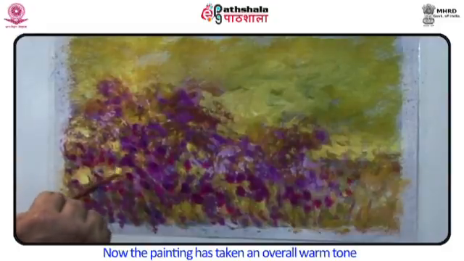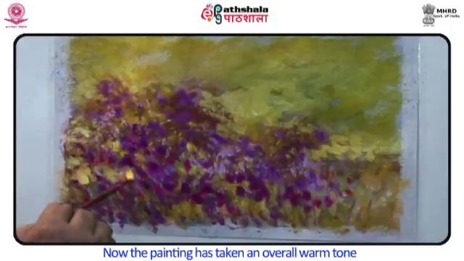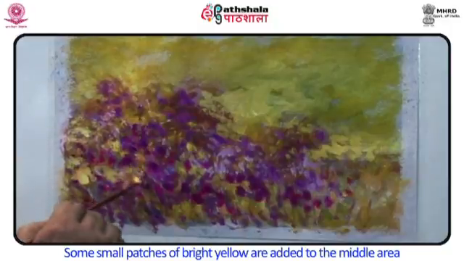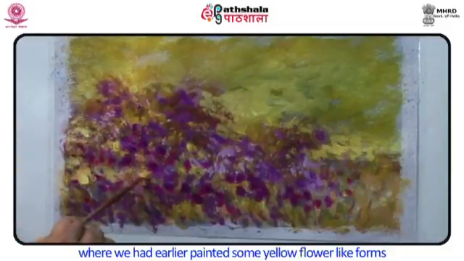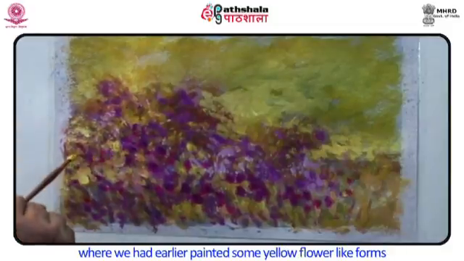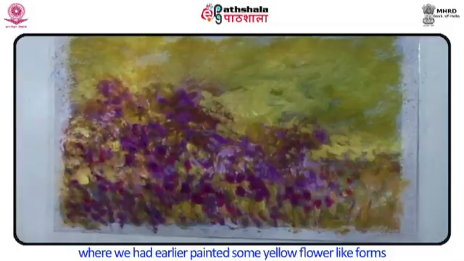Now the painting has taken an overall warm tone. Some small patches of bright yellow are added to the middle area where we had earlier painted some yellow flower-like forms.